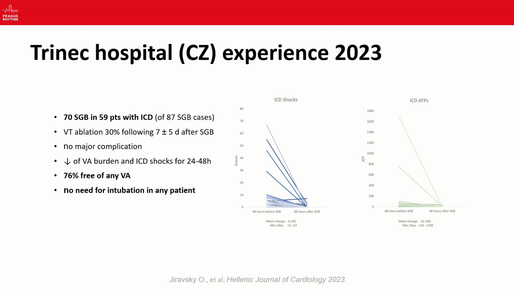They also did not observe any major complication, and they reported a significant reduction of VT episodes, separately shocks, ATPs, and as a joint VT events together. And they also reported that up to 76% of the patients were free of any arrhythmias after the procedure.